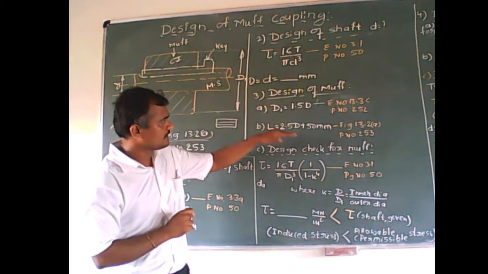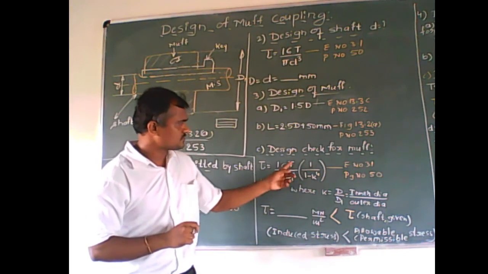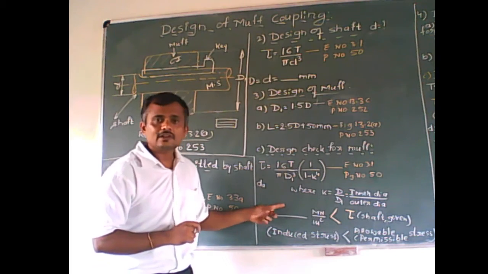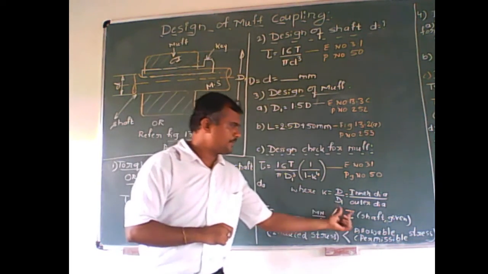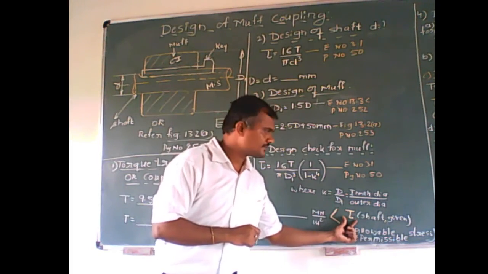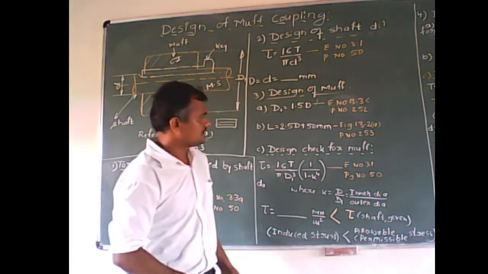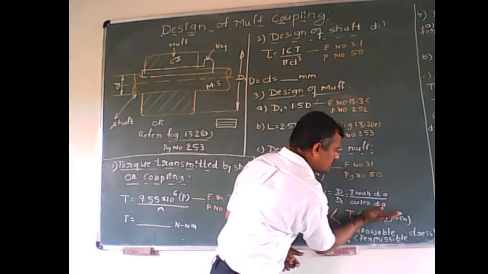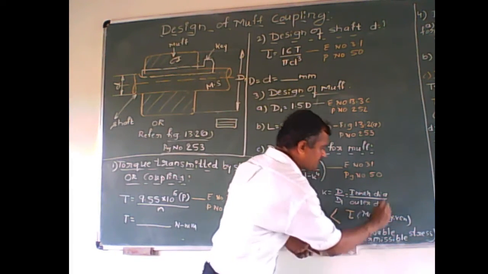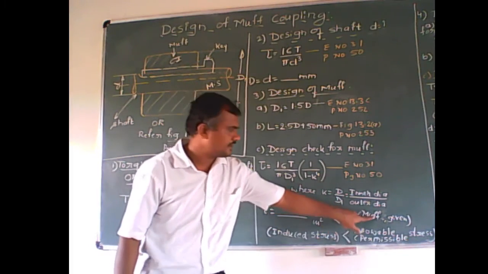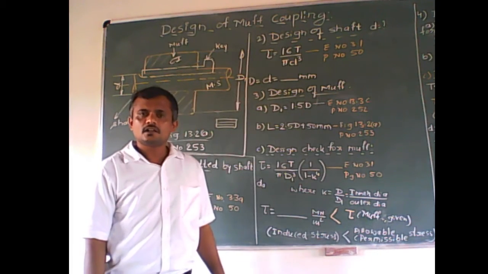So with the D1, with the K value, all this substitution with the torque, we are calculating. This is a calculated value which we have to compare with the shear stress of a muff. Here we have to use the muff material. Shear stress of a muff material will also be given.